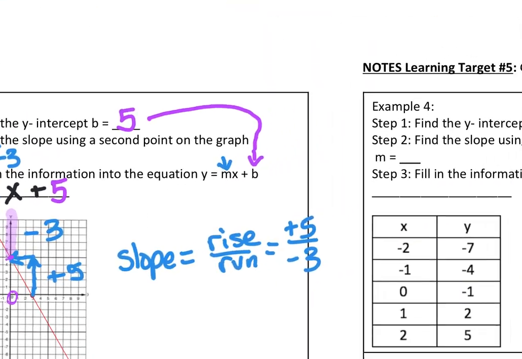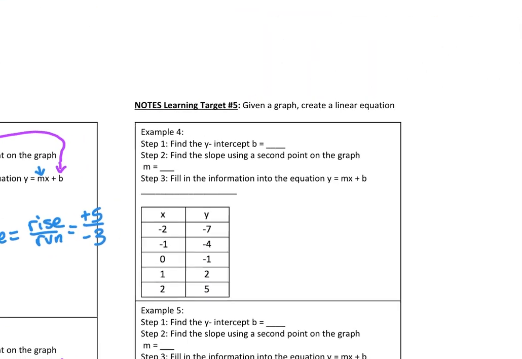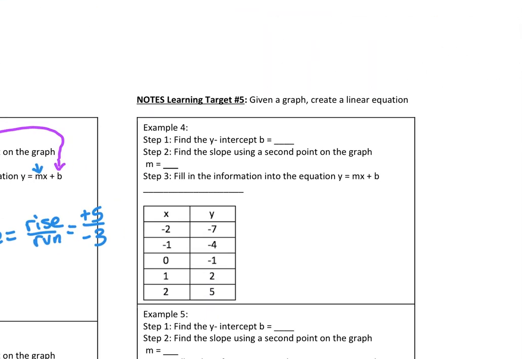So let's make a note over here. So we're finding the y-intercept. So on a table, when x equals 0. Okay, so on a graph, it's when it crosses the y-axis, but on a table, it's when our x is equal to 0.